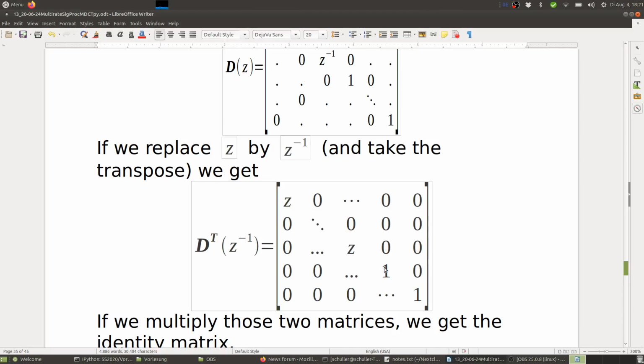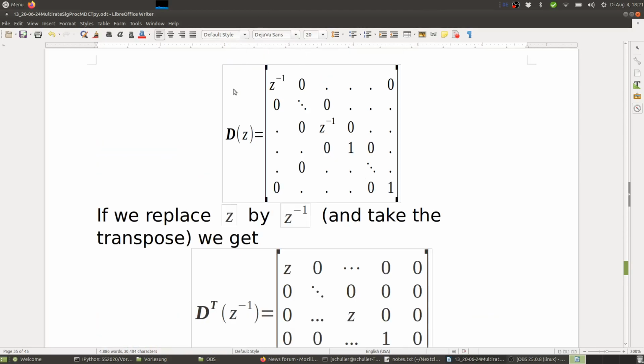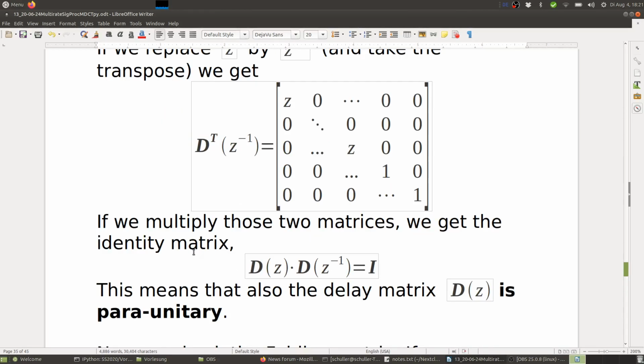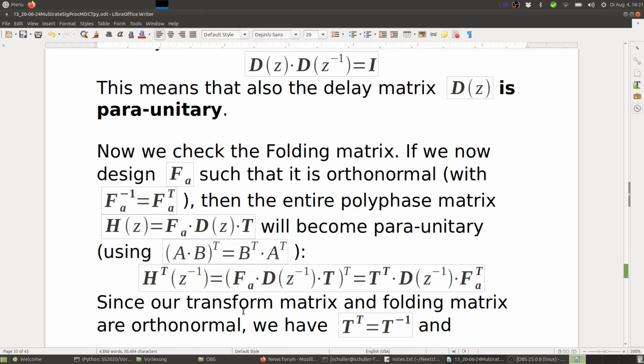And we see this is indeed the inverse of D of z. Right? So that means D is paraunitary. So if we multiply those two matrices, we get the identity. And this means that also the delay matrix D of z is paraunitary. So very convenient.